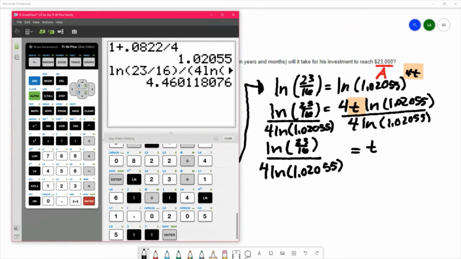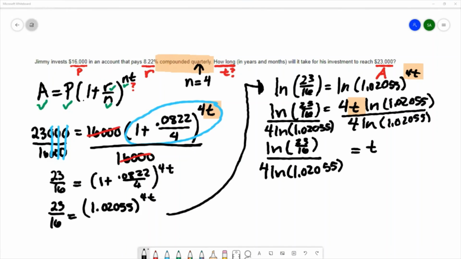And so here is my value for time. That's 4.46011. And a few more decimal points there. So let's write that down. We have that our time is 4.460118076. Now, if we look back at the directions here, it says to write our time in years and months. The way it's written right now is years, 4.5 years basically.